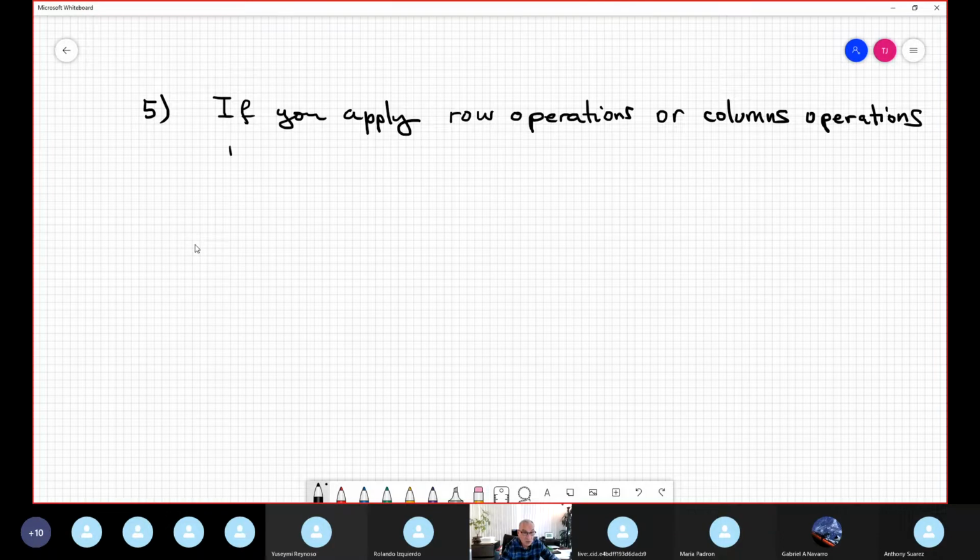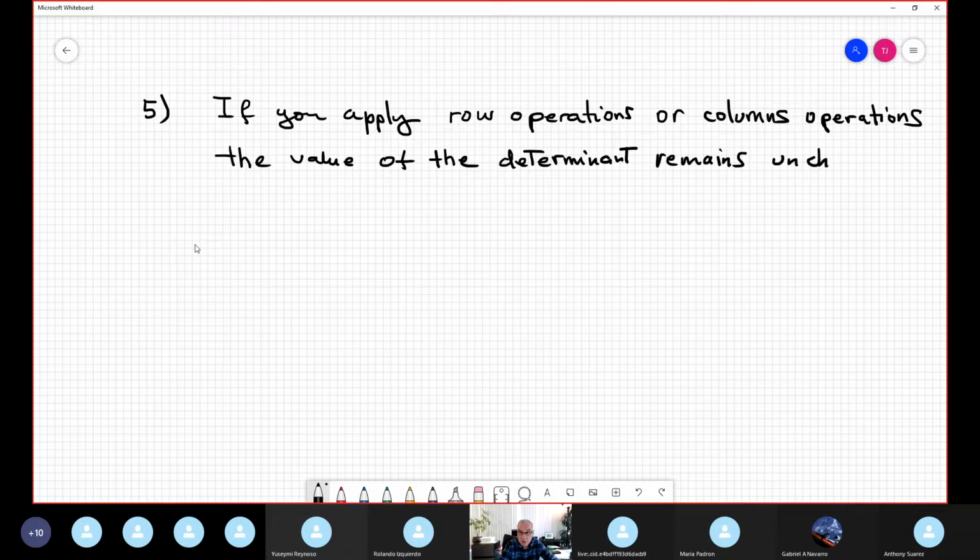The value of that determinant stays the same, remains unchanged. It doesn't affect the row operation or column operation. Let's see an example.